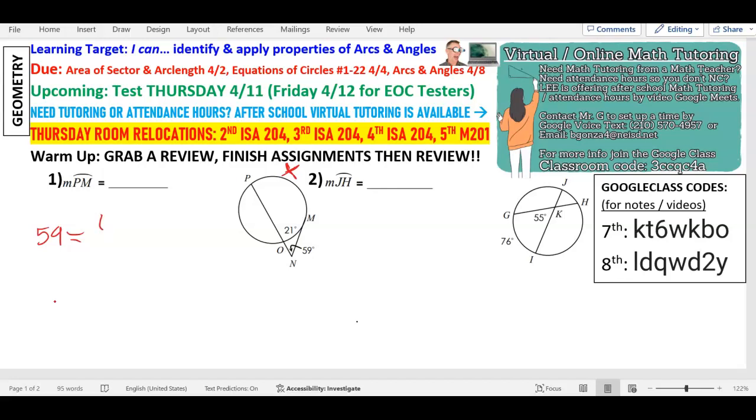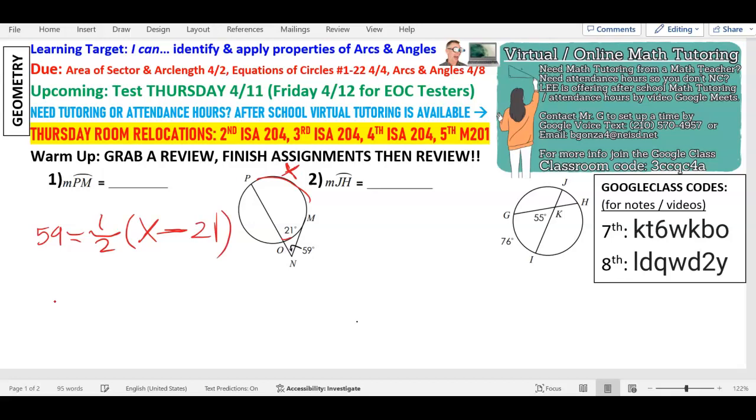And if you remember from our notes, it's big arc minus small arc. Do y'all see the intercepted arcs are X and 21? You're not adding them because the angle is outside. You are subtracting them. So the big arc, the PM, is X minus the small arc. So this one minus this one. So minus 21.